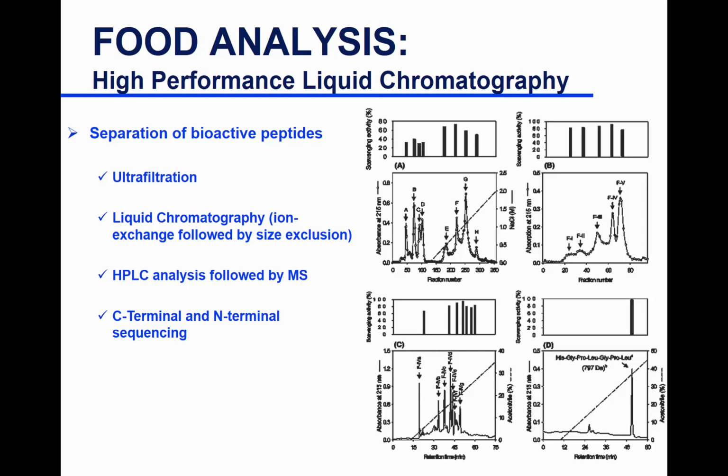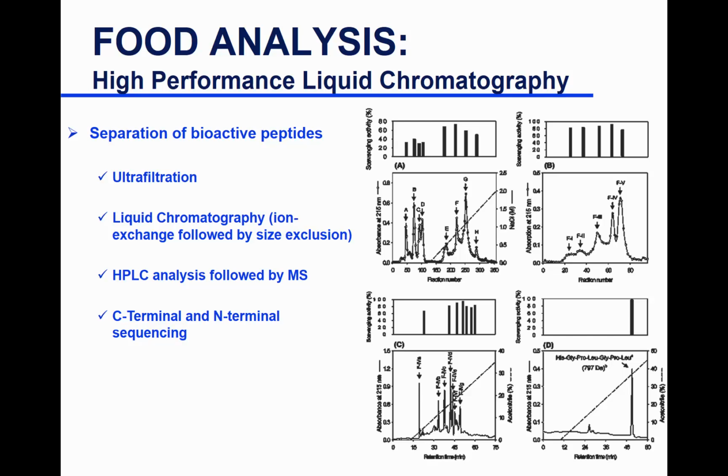Here's an example of using multiple HPLC in tandem, two-dimensional, three-dimensional. So here, let's say you want to generate a product from proteins. You want to hydrolyze the proteins and generate peptides that are antioxidants.